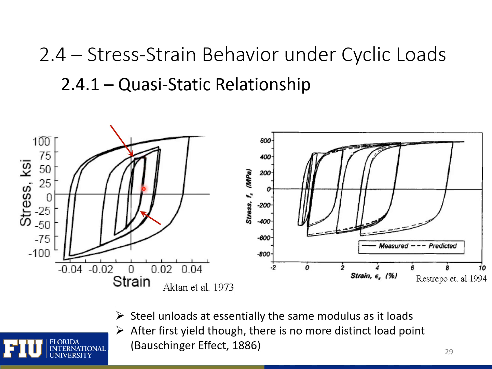Every additional cycle after that will have kind of this rounding off, so we'll no longer have a defined yield point. And you can also notice here we have about the same stiffness as our initial loading as we do in all the unloading and additional loading cycles.